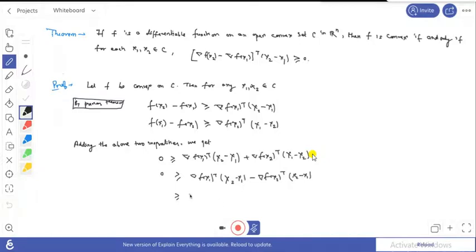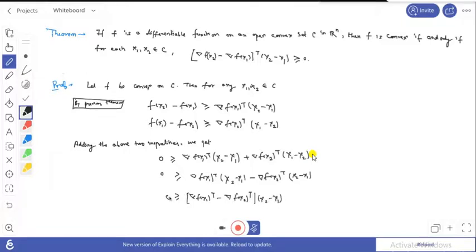So this becomes gradient of f(x1) transpose minus gradient of f(x2) transpose, times (x2 minus x1).